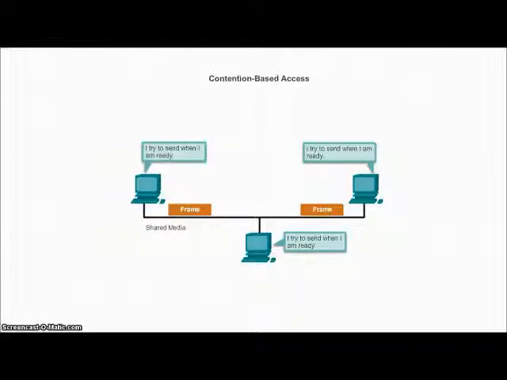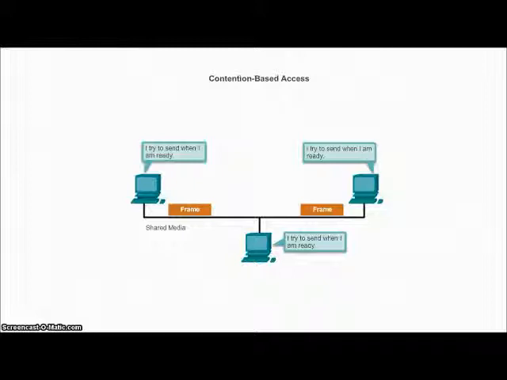Some network topologies share a common medium with multiple nodes. At any one time, there may be a number of devices attempting to send and receive data using the network media. There are rules that govern how these devices share the media.